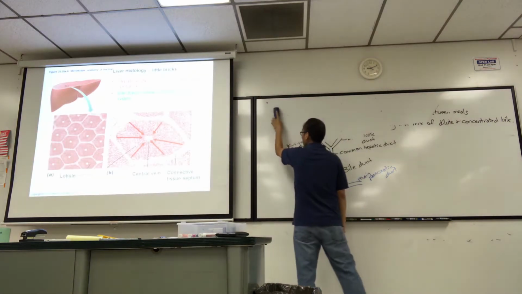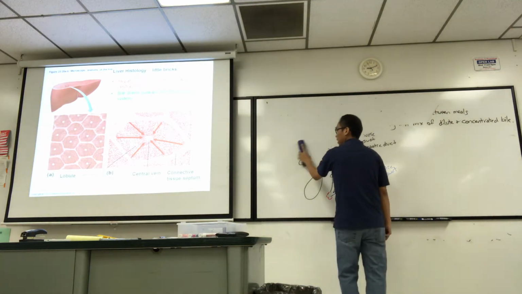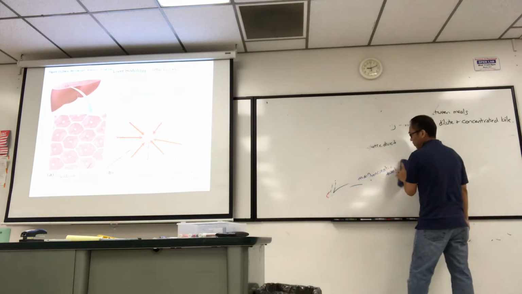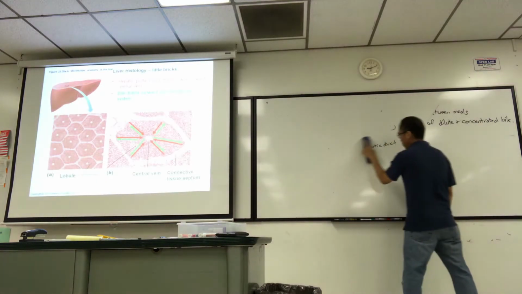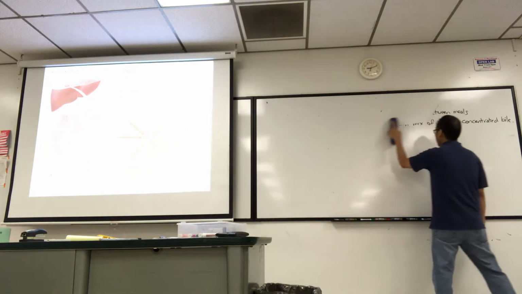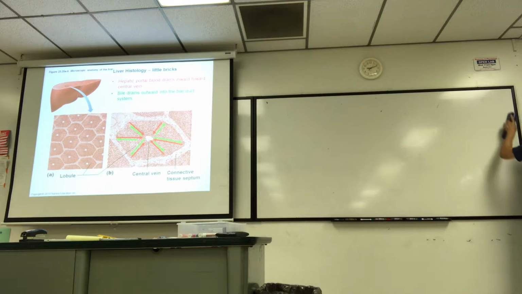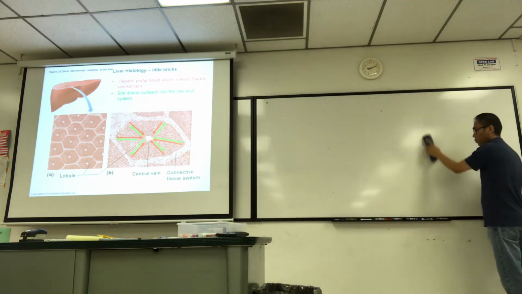Anyways, blood drains towards the central vein. And the hepatocytes process the blood as it drains towards the central vein. But they also process and secrete bile, which goes out towards the corners.